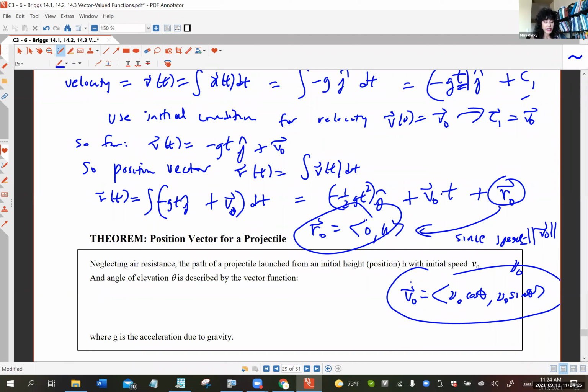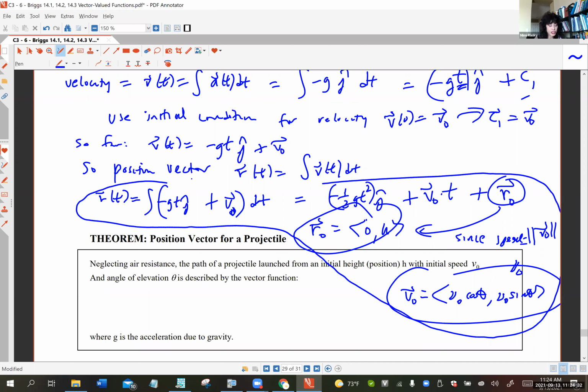So when you put it all together, what is your vector valued function for position going to look like? They're talking about this angle of elevation. You've got initial height of h, initial speed of v naught.